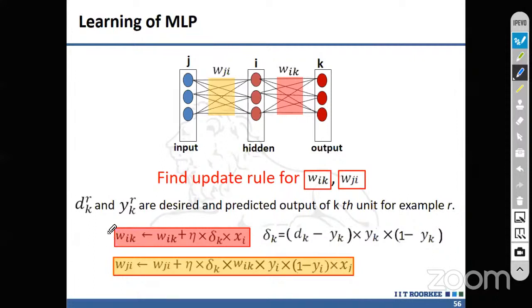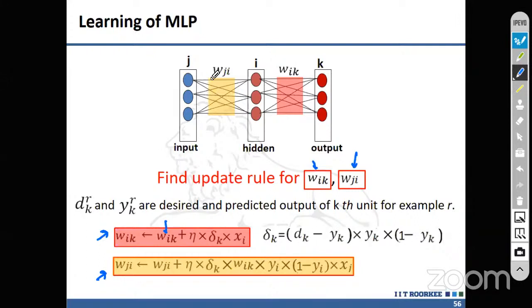But at the end, these are the two important things. I needed to update WJI and WIK. WIK is adjusted using this formula: the old value of WIK plus eta into del K into Xi, where del K is dk minus Yk, the subtraction of the actual value, into Yk into 1 minus Yk.